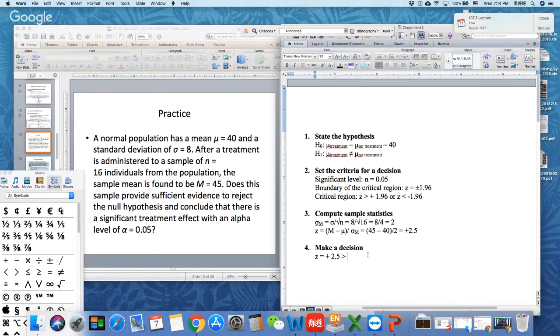Which is greater than positive 1.96, which means it is in the critical region, right? So we make the decision: we reject the null hypothesis.